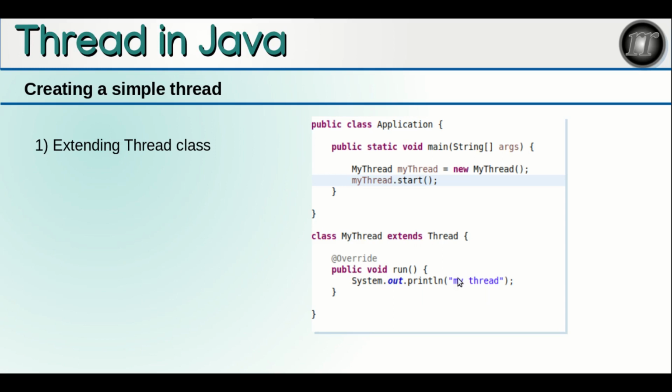You will instantiate it in the main thread or in your application where you want to start this thread, and you will start it by calling the start method. Here we have instantiated MyThread, and on this object we have called the start method. By calling the start method, this thread will be running.